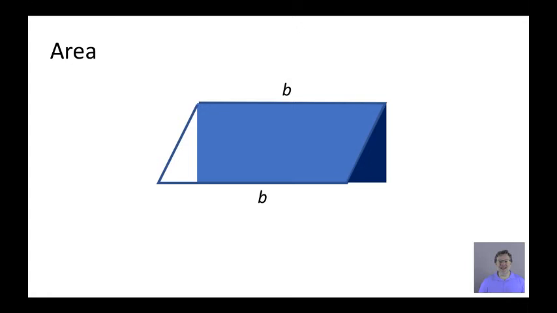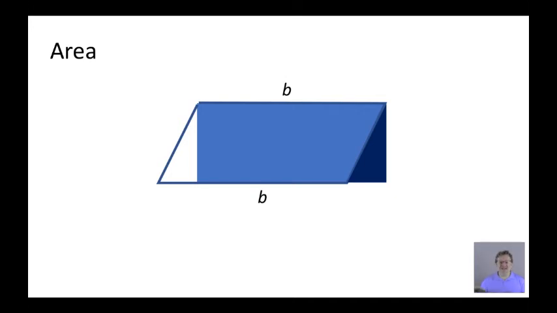We can see here that we can calculate the area of this parallelogram by calculating the area of a same size rectangle here. Well, it's length times width for a rectangle. What is the length? Well, it's one of those bases. The base I want you to think of as being either the top side or the bottom side here. It's the side that the quadrilateral sits on, so to speak.